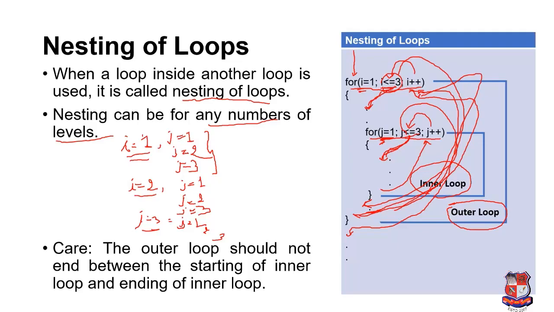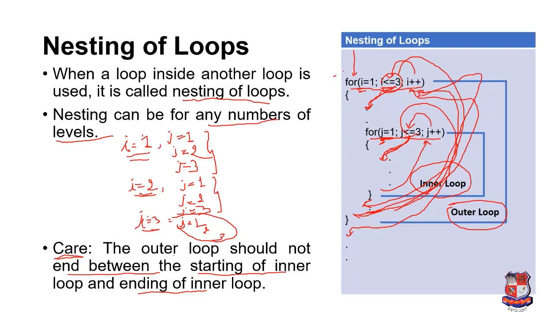Then again for the next value of i there are all values of j, and again for the next. So each value of the outer control variable has the appropriate inner loop control variable values. One thing to keep in mind is that the outer loop should not end between the starting and the ending of the inner loop.